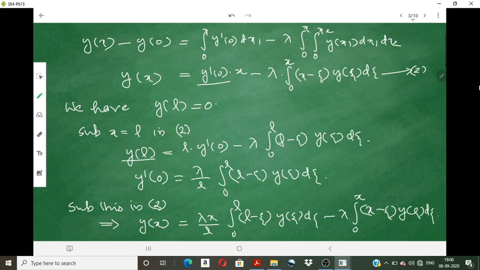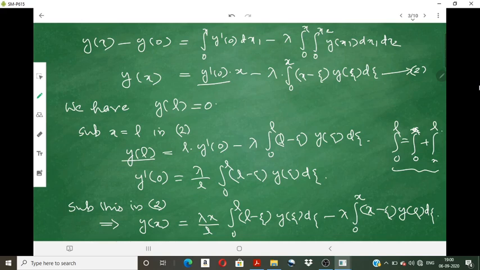Now we can split the integral 0 to L as integral 0 to x plus integral x to L. Since 0 is the lower limit and L is the upper limit, we can take one intermediate point x and split like this by properties of definite integrals.